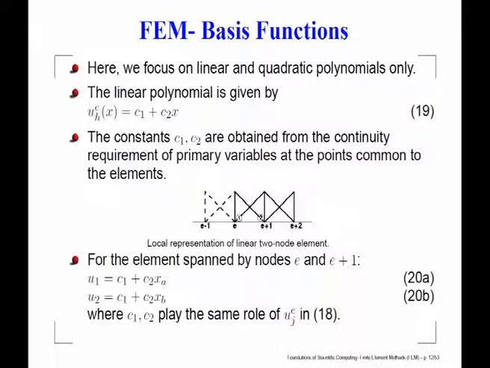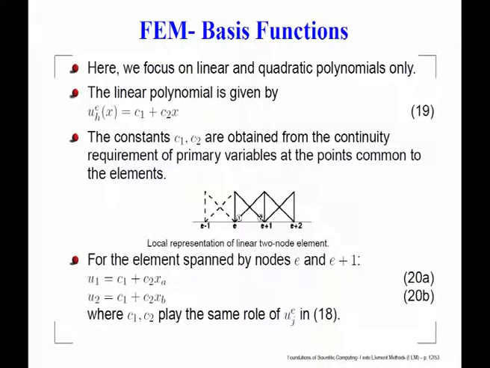For the point we are seeing here, the value is U1 at x, which I call XA, and for node E plus 1 the value of the function is U2, with the independent variable taking the value XB. So XA and XB are in a sense a global coordinate system, with some origin fixed elsewhere. Now we need to find C1 and C2, which gives the local representation of this element.